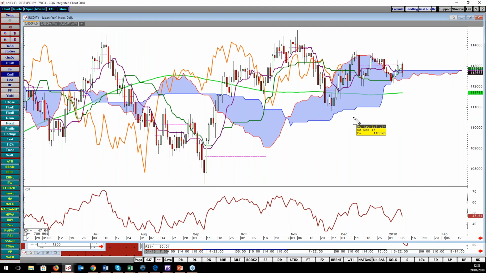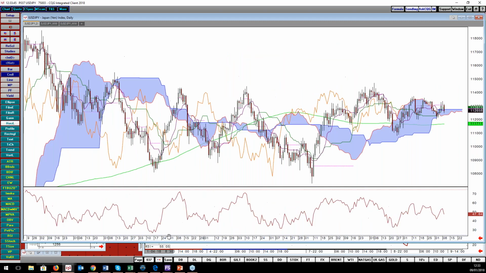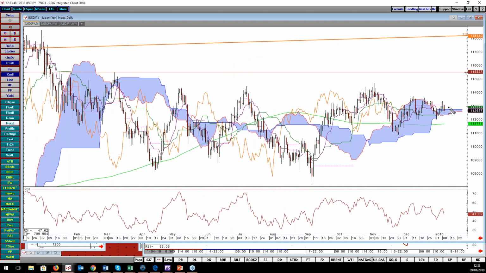Quite simply, we've been in the cloud, around the cloud for a while. We're not getting any clean signals, and this illustrates exactly what I was saying to you. In sideways markets, this can be problematical. If we were to look at something like the S&P, I'm sure we'd have a different story.